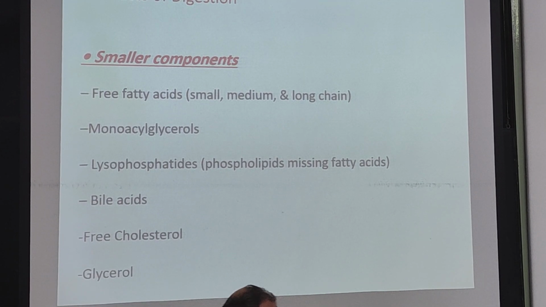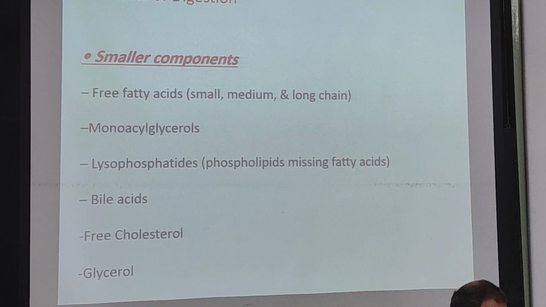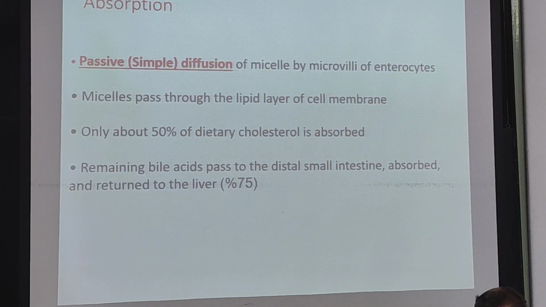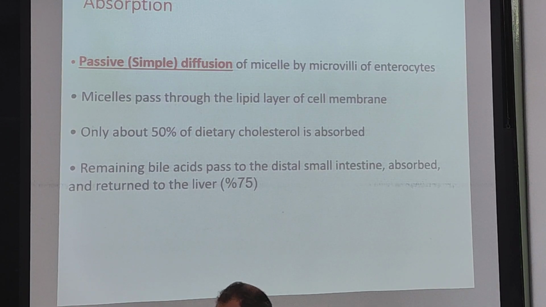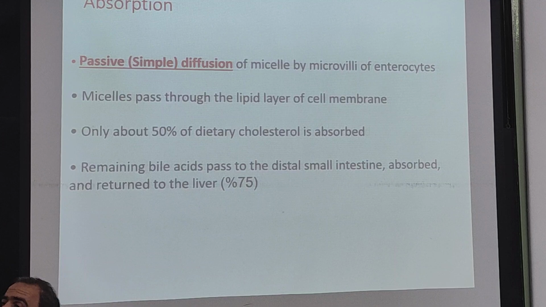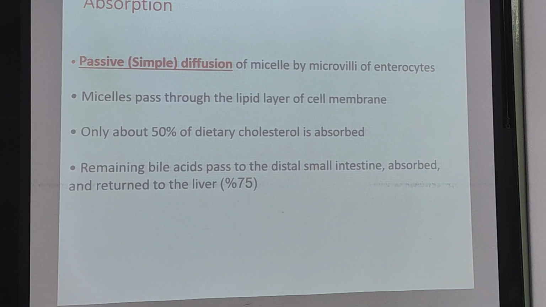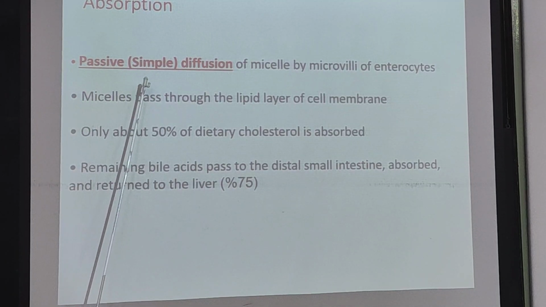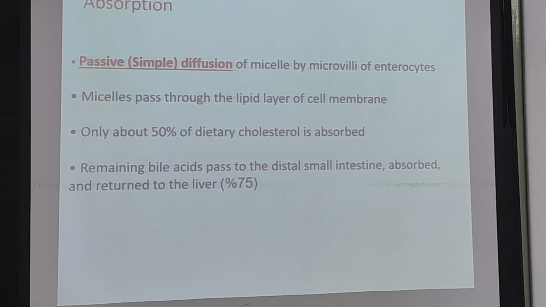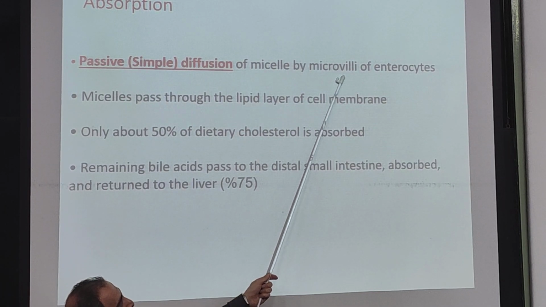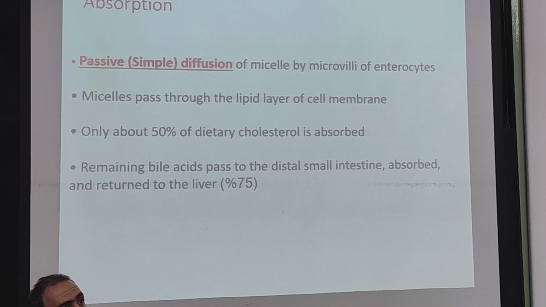They can be absorbed by our intestine cells. But absorption can occur in different ways. One of them is passive or simple diffusion, which is related to absorption of micelles by microvilli of enterocytes.